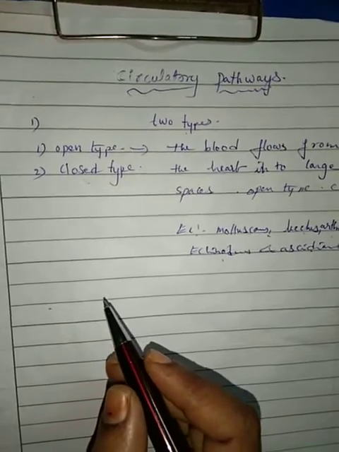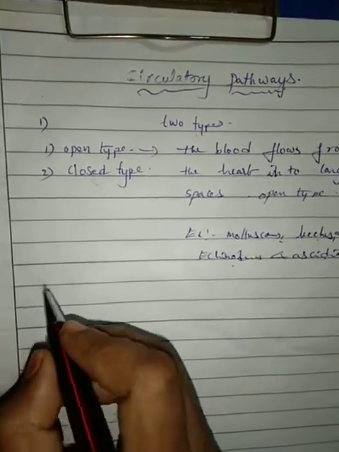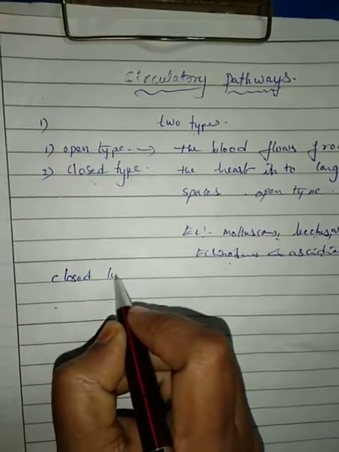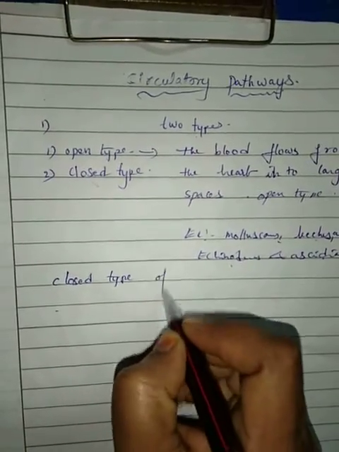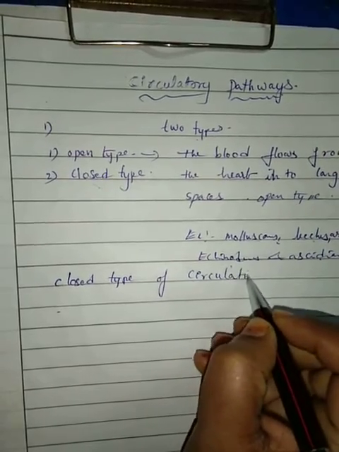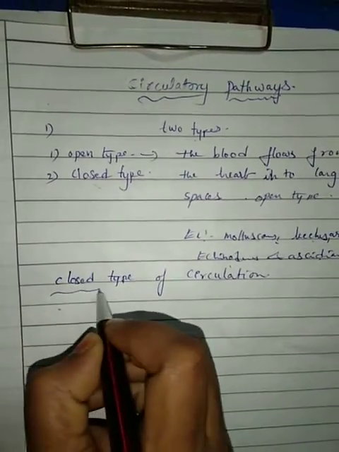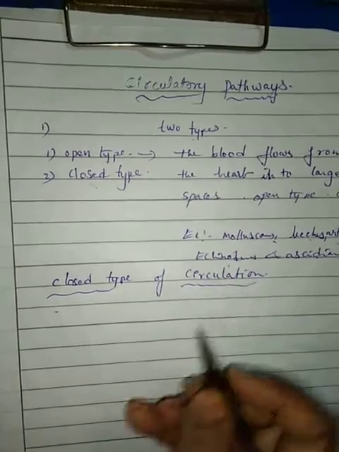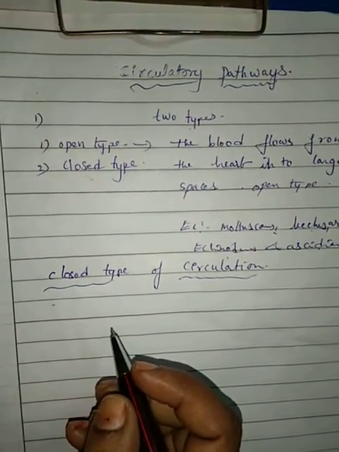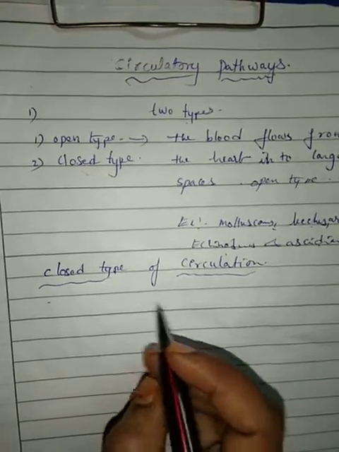And next, closed type of circulation. What is meant by closed type of circulation? The blood flows through the blood vessels.